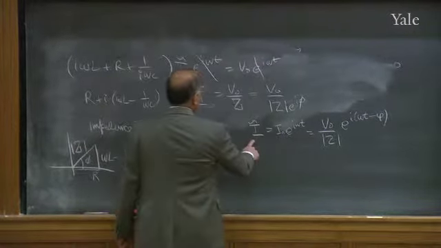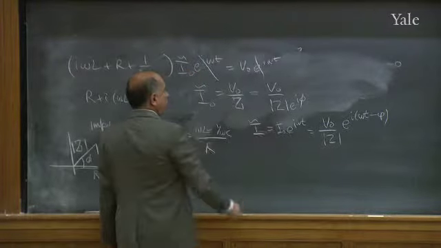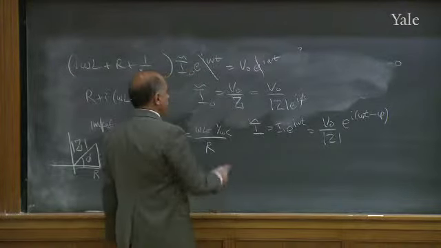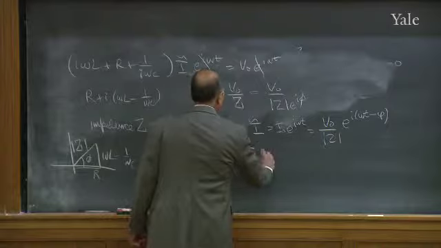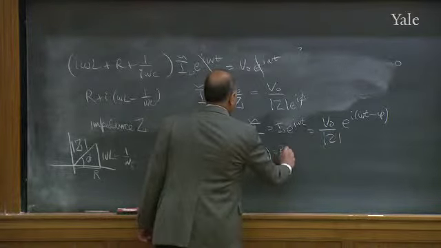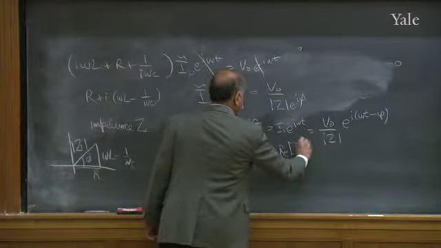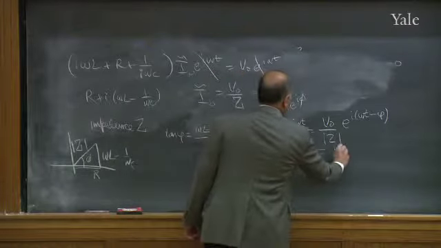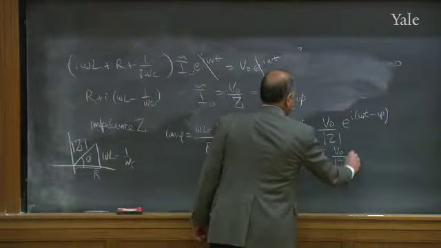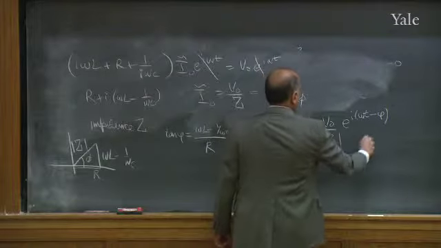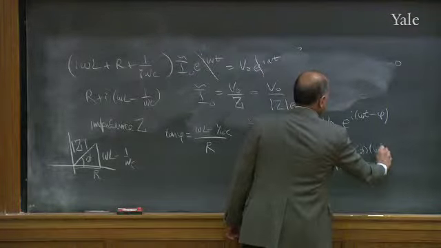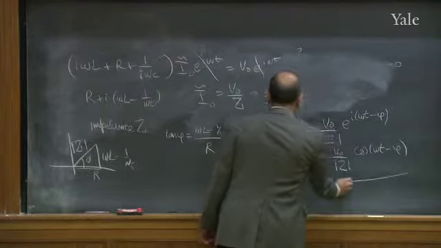But this is not the physical current, because it's the result of a complex voltage. The physical current is the real part of this without the twiddle, that we write as the real part of Ĩ. Where do I get the real part? V0 and the absolute value of Z are both real. The real part of e^{i something} is cosine of something. And that's our answer.